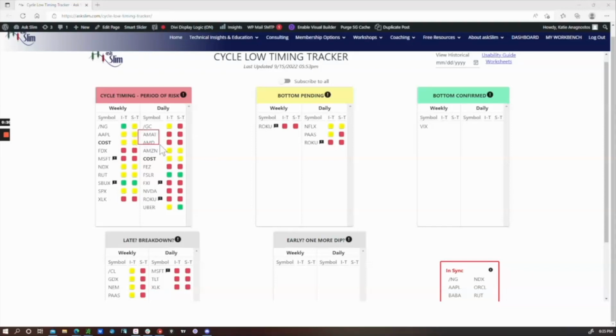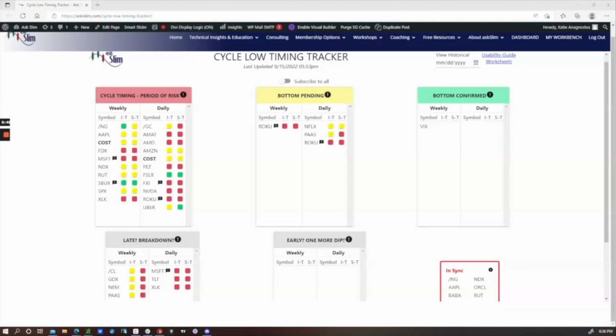Applied Materials, AMD, and Nvidia are all in their daily cycle timing windows, and that is why they are appearing in this box and this column on the Cycle Low Timing Tracker. Now, while they're all setting up similarly, we're going to take a look at Nvidia.